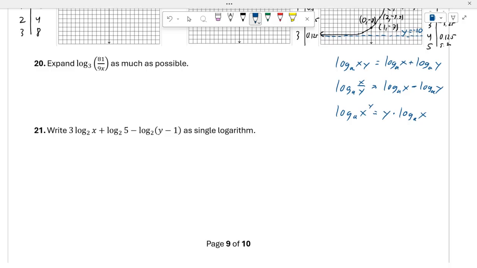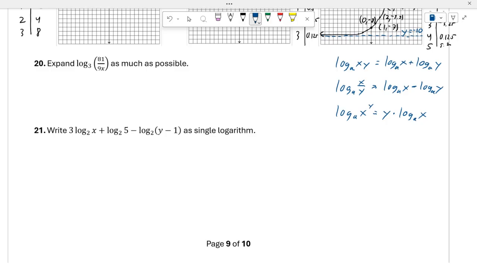So y was an exponent on the argument going into the logarithm function, and you can rewrite that by putting the exponent out front, just like you would with a coefficient. And these work in both directions. The equal sign does not just mean left to right; it also means right to left.